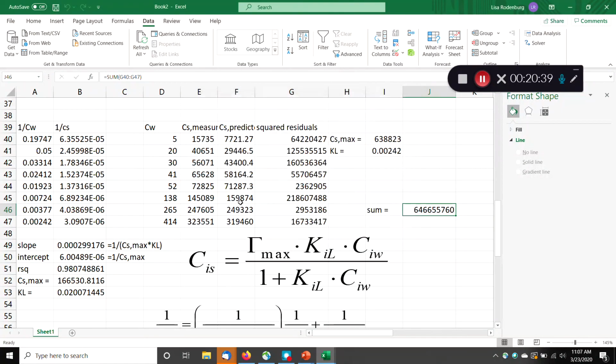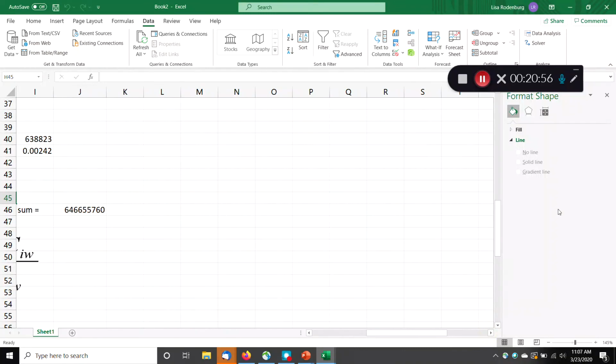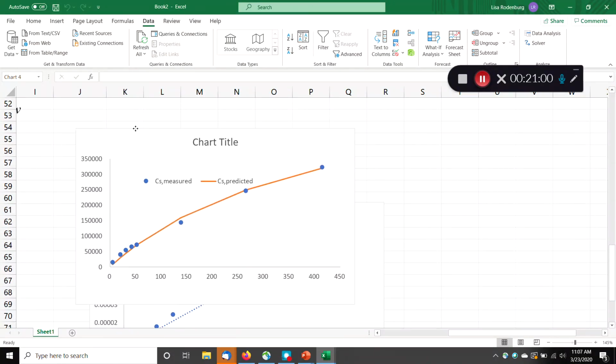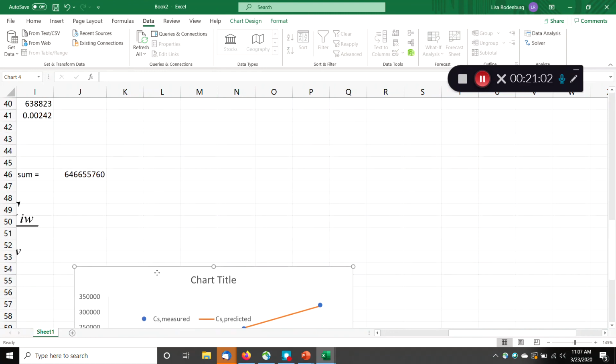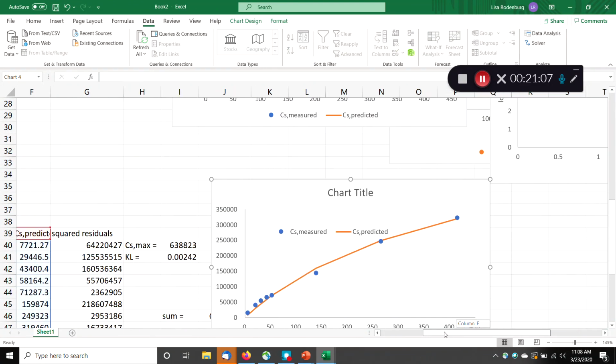It's all good. And notice that my numbers are quite different now. I started out at 166,530, and I'm at 638,823. It's very different. My KL also changed by an order of magnitude. So now let's go back to our plot. Here it is. Now the difference between our measured and our predicted is much, much better.